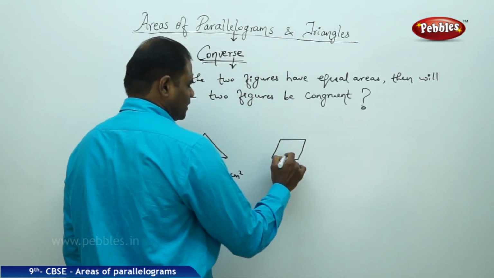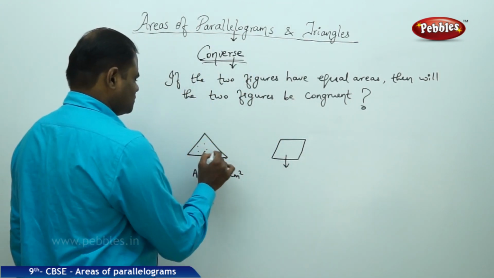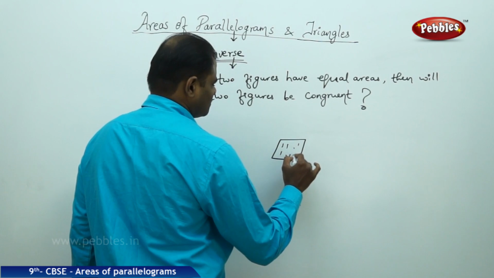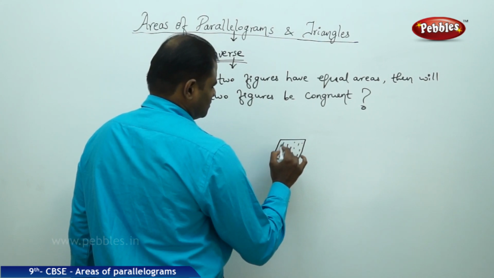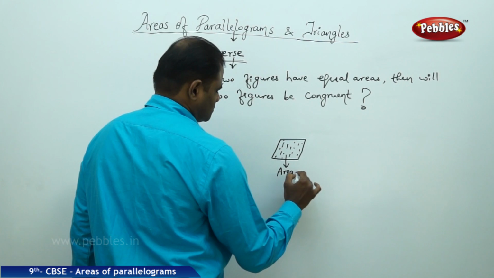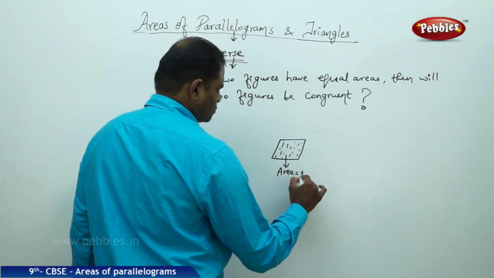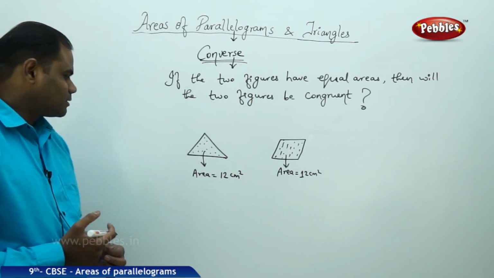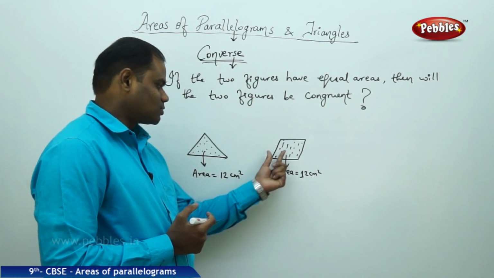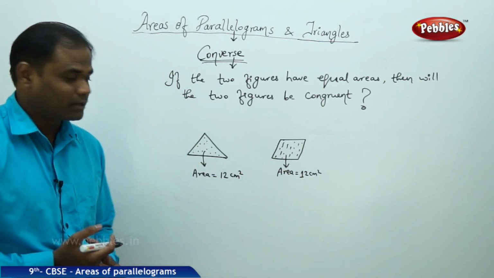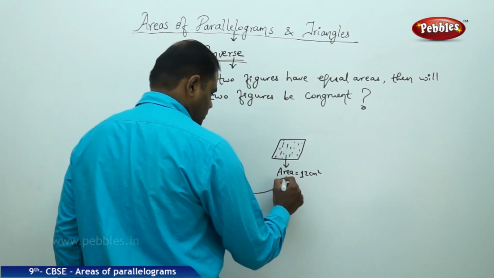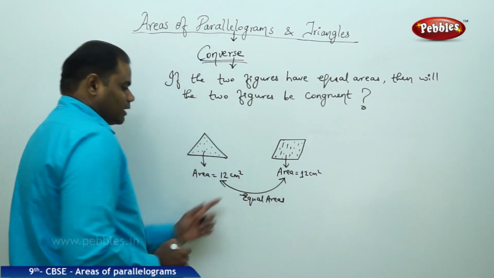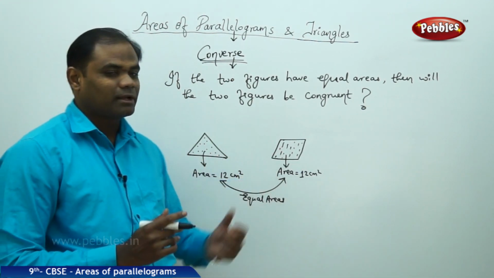And imagine I have a parallelogram whose area out here is also 12 centimeters square. Now clearly we know that the area of the triangle is 12 centimeters square and the area of the parallelogram is 12 centimeters square, and therefore the areas are equal. So I find the areas to be equal for both the triangle and the parallelogram.